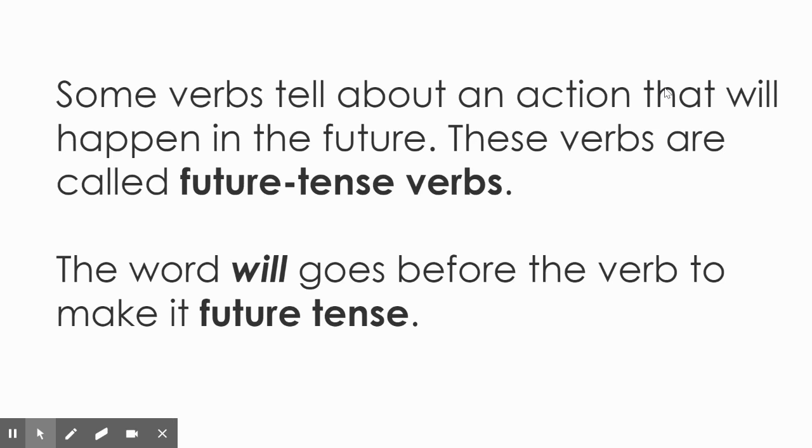These verbs are called future tense verbs. The word will goes before the verb to make it future tense. So for these types of verbs, instead of adding ed, like we did earlier, to make a verb in the past tense, for future tense, we put the word will in front of the verb to show that something will happen in the future.